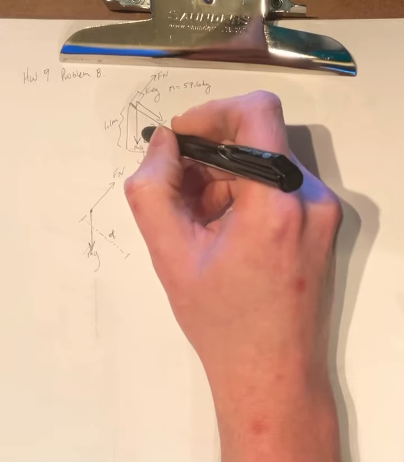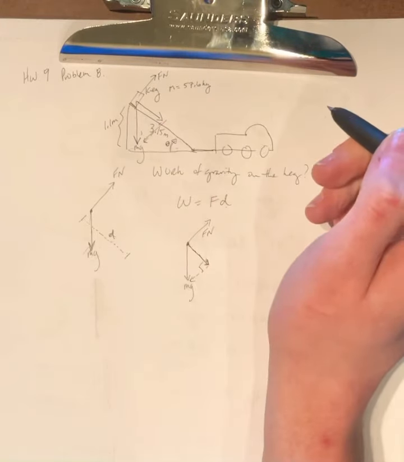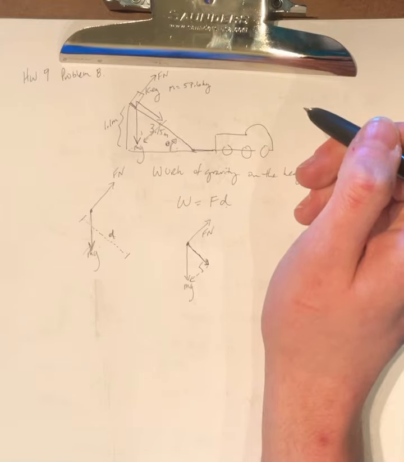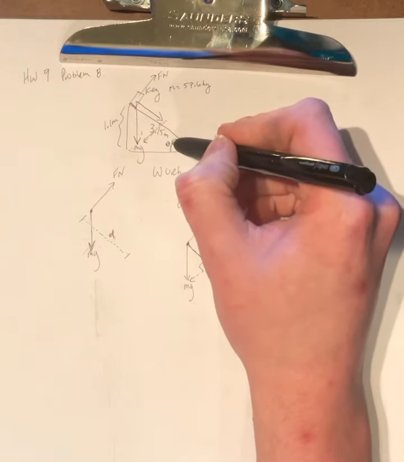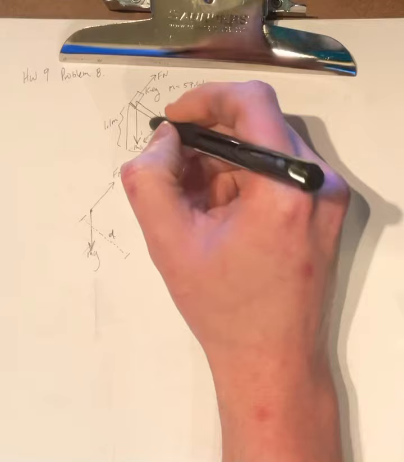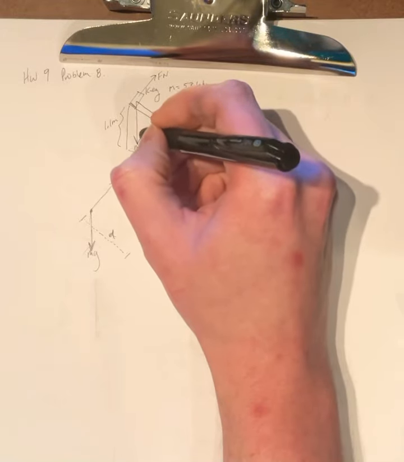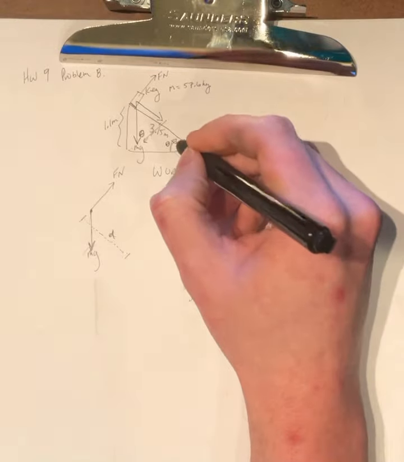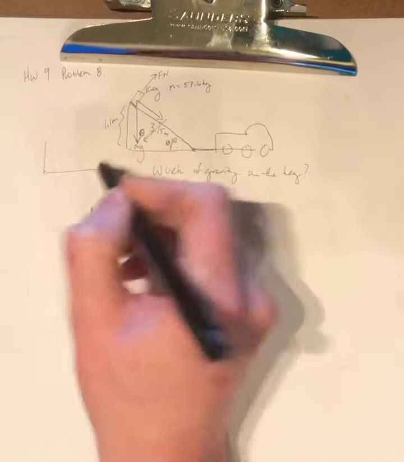So if this is theta, then that means this angle here has to also be, so like 20, that means this would be 70. Yeah, so this has to be theta, right? So just imagine a scenario where, let's just redraw it.